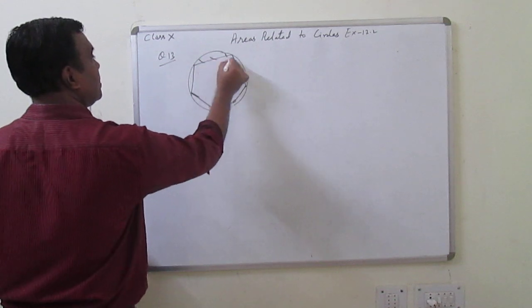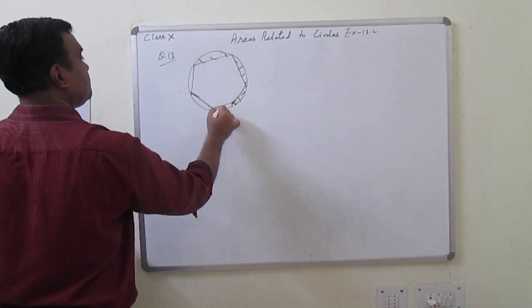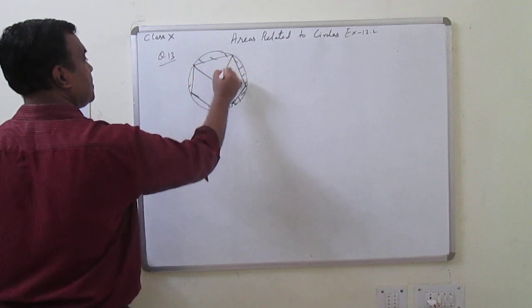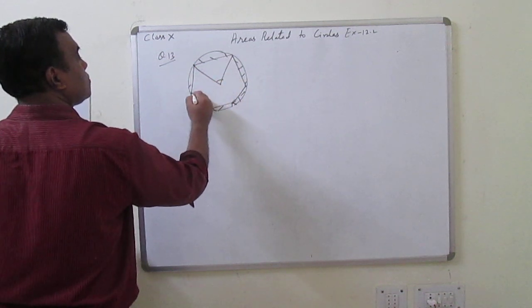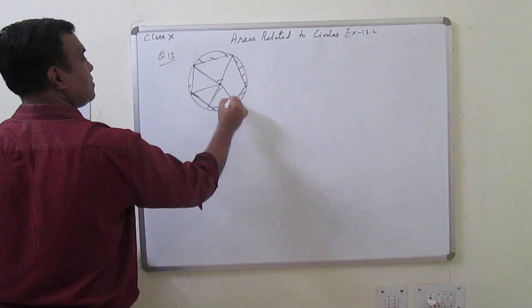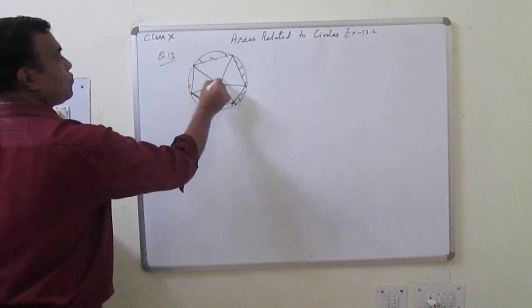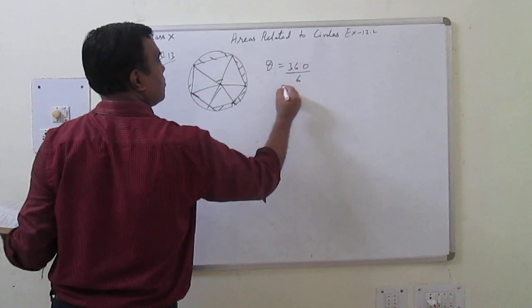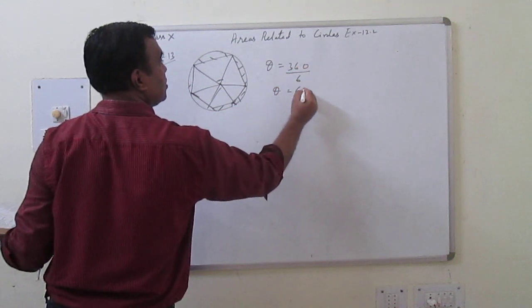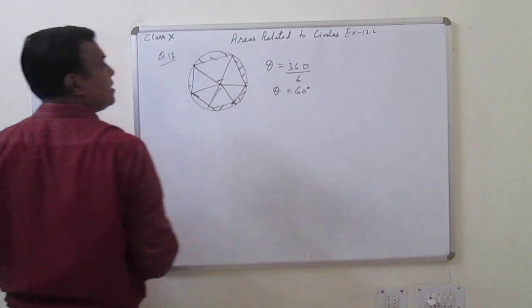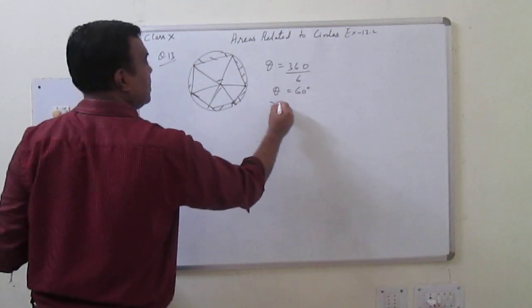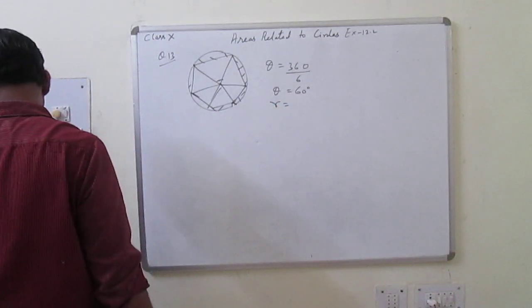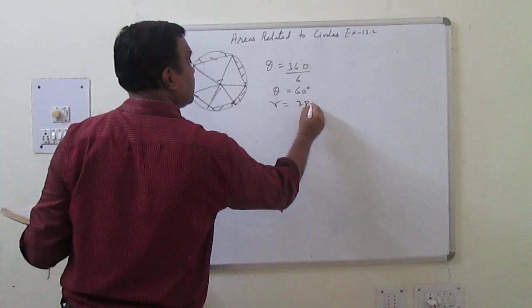This is the center. So here theta is what? There are 6 designs so theta will be 360/6. Theta is 60 degree and radius is given to you 28 centimeter.